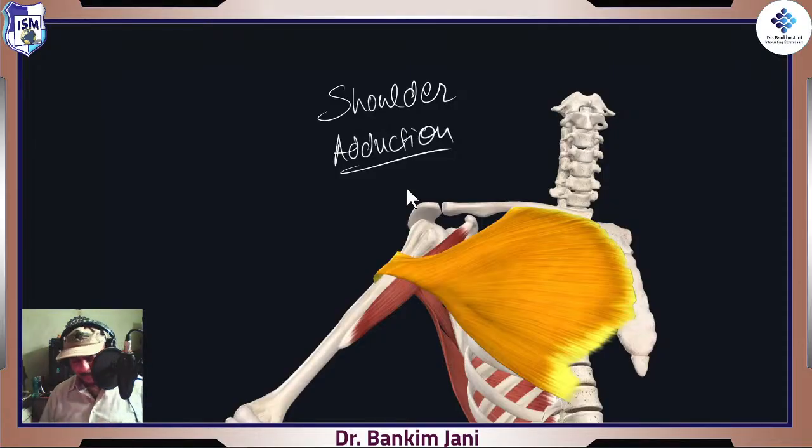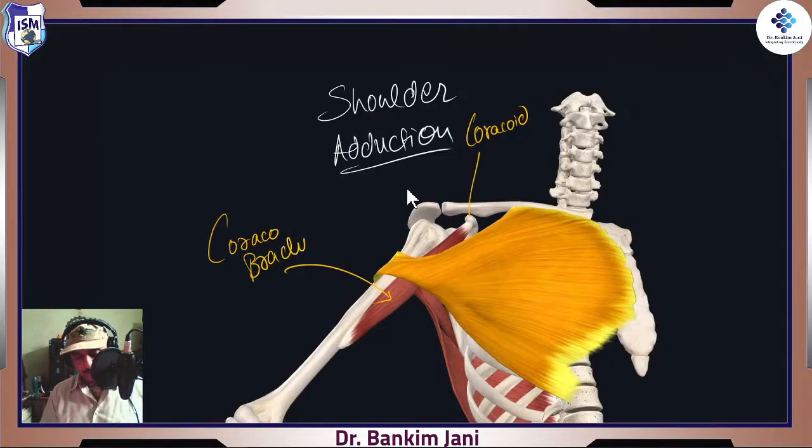Meantime, let's see this muscle. See now, because it is seen so well, here is our coracoid process. On that coracoid process, and it is going towards the arm, this muscle can be none but coracobrachialis. Correct. And then we have one more muscle over here.